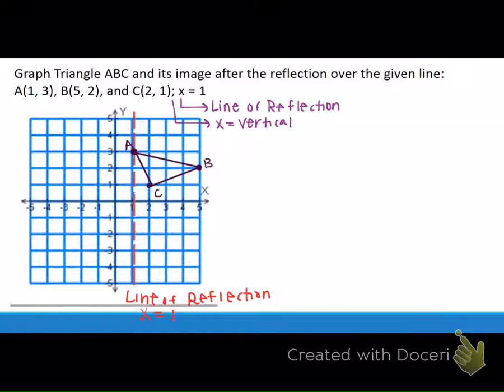Okay. How would A change? How would A change on this one, guys? It wouldn't. If you're folding it on that line, it wouldn't move from that line, would it? So this would be A prime.